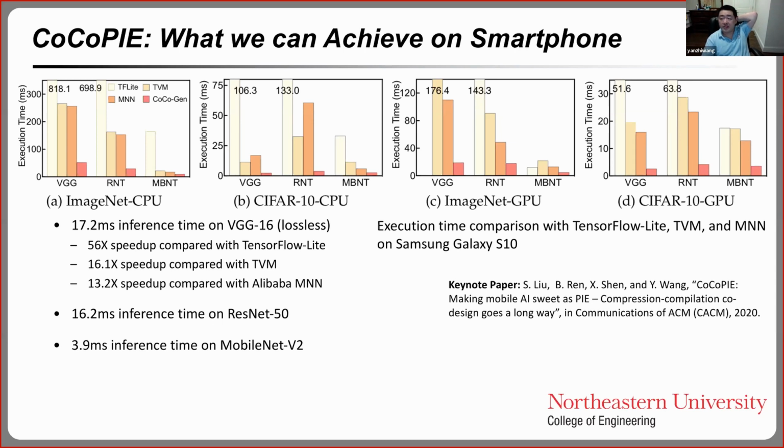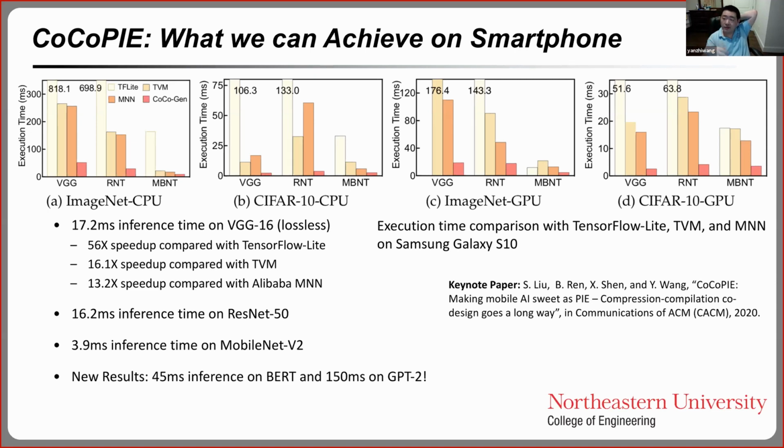We got 16 millisecond inference time for ResNet 50, and even less than 4 millisecond inference time in MobileNet V2. Nowadays, this is clearly the record for MobileNet V2 under the same accuracy, less than 4 milliseconds inference on a mobile device. And recently we got new results.